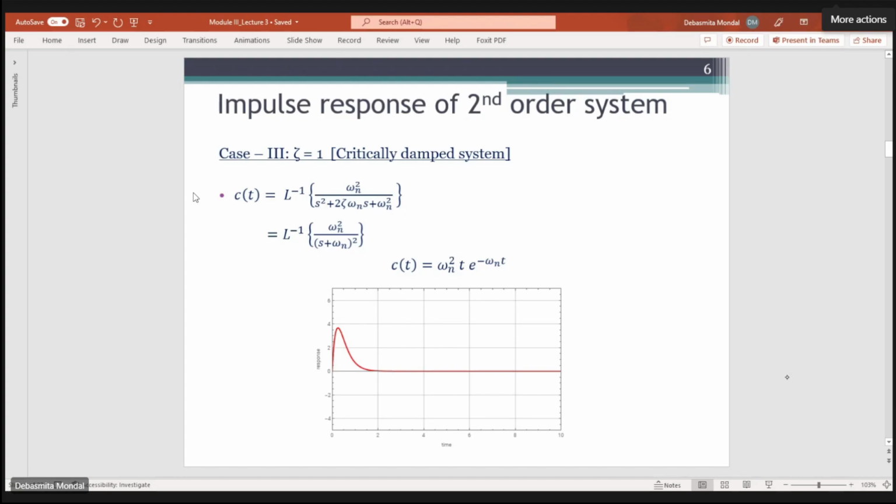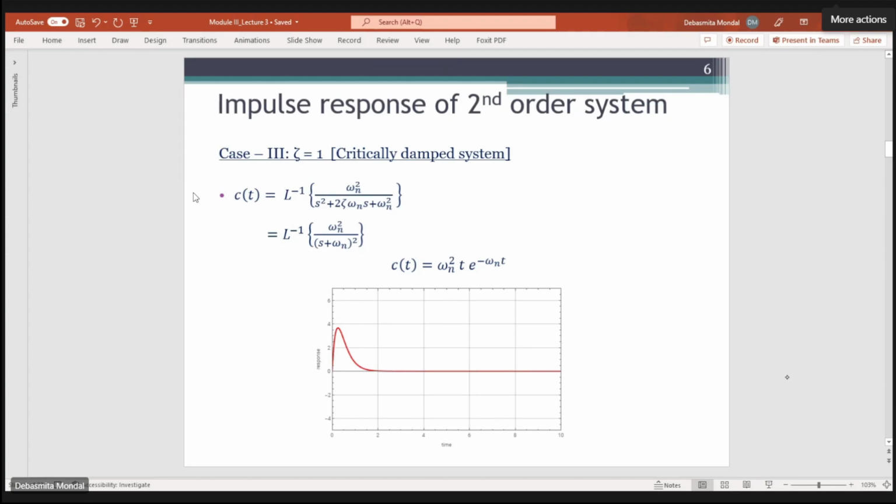So then the time response is given by an equation which looks like this. In a critically damped system, since there is no sine or cos term present, there won't be any oscillations, but there might be a peak, and after that peak it again comes back to its steady state.